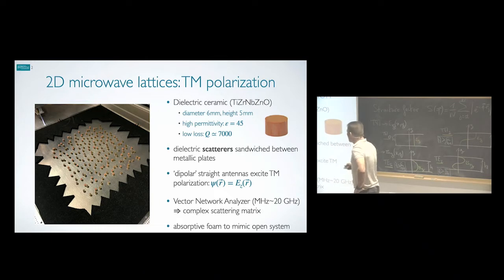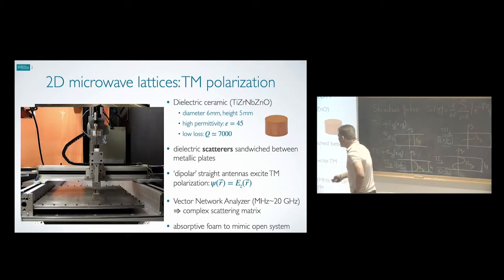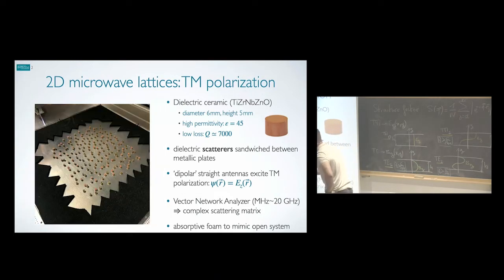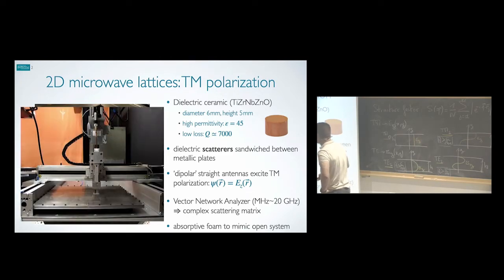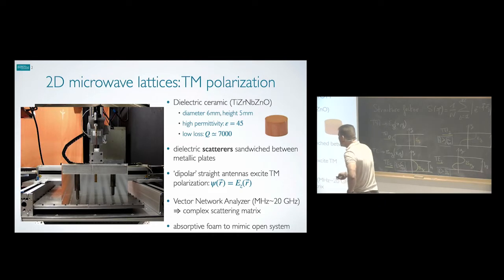We can put these cylinders in a designed way, very precisely controlled, and we put top plates tightly screwed. There is a fixed dipolar antenna here, and we can excite and probe the field inside the cavity with this moving dipolar antenna.